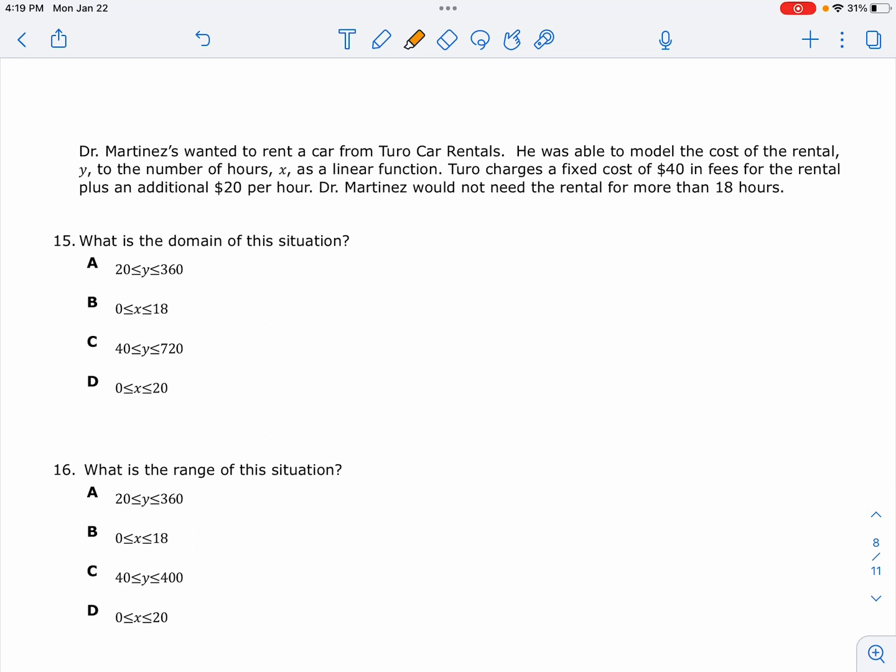Okay, numbers 15 and 16, this is going to be a word problem. Dr. Martinez wants to rent a car from Turo Car Rentals. He was able to model the cost of the rental Y to the number of hours X. I'm going to draw that, okay? So your Y is your cost, and your X is your hours. He did it as a linear function.